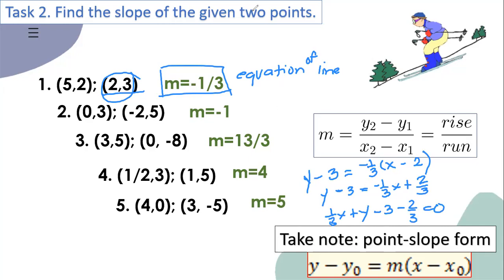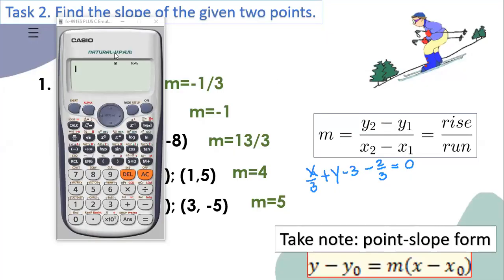Okay, so -3 minus 2/3 is -11/3. So we have x over 3 plus y minus 11/3. That is equal to 0.